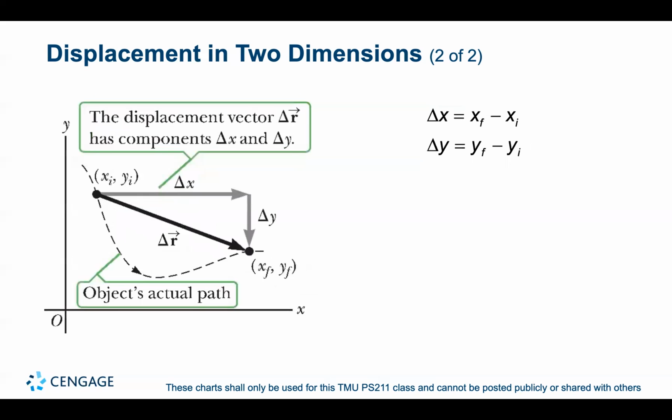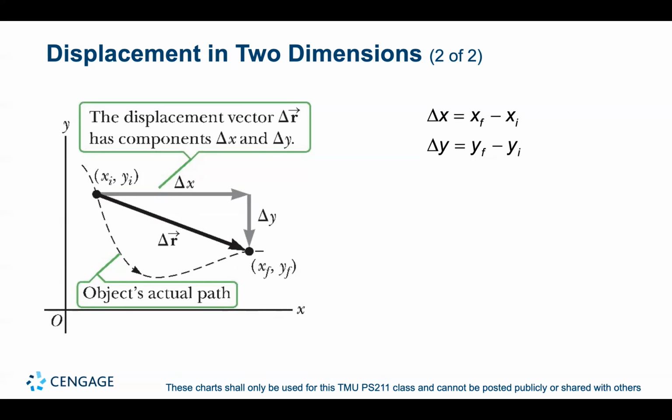So moving on here. In this figure, the displacement vector has components delta x and delta y. And so we see 2 different components, and we're breaking it up into the coordinate system that we have, an x and a y.